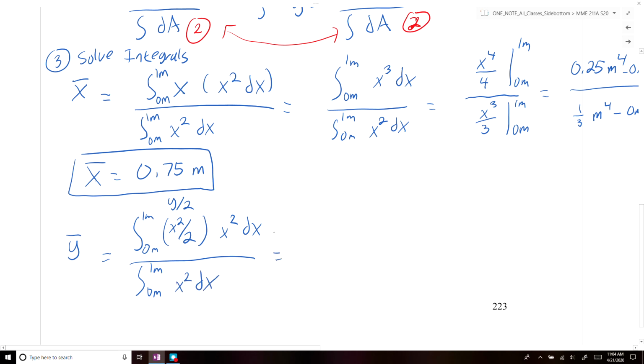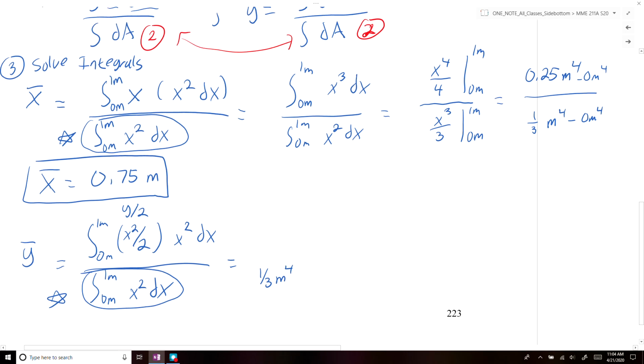Since we already solved for that integral, we can just say that it's going to be equal to 1/3 meters cubed. Sorry, this should be meters cubed here.